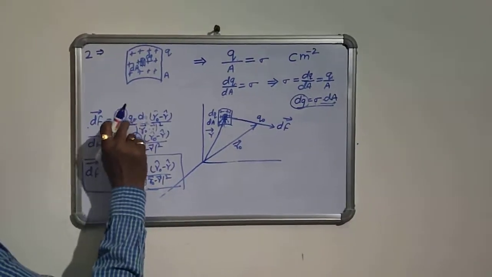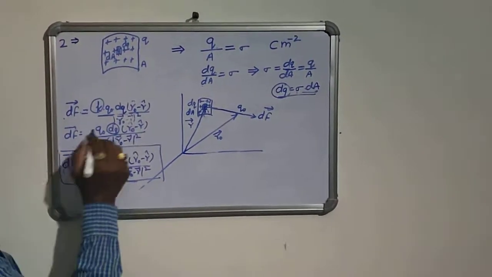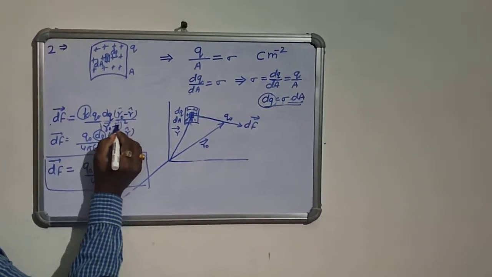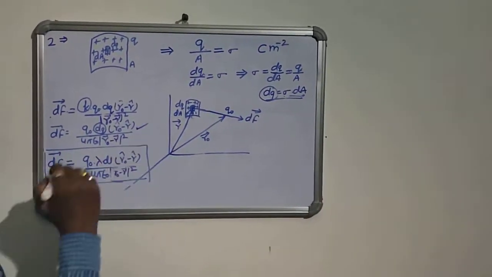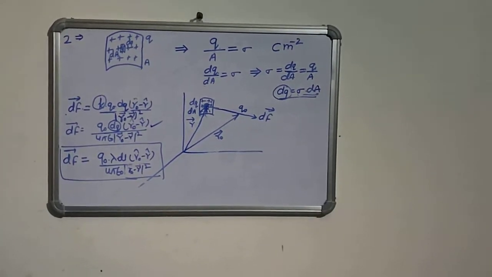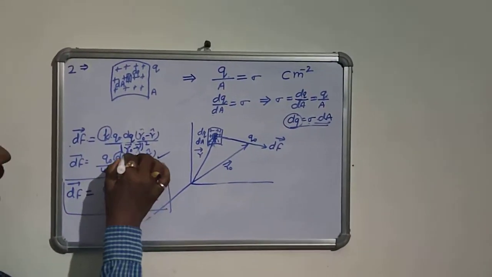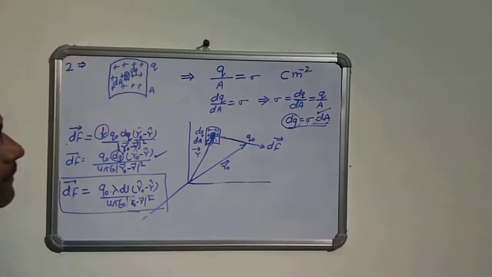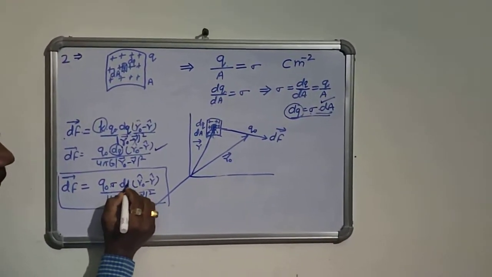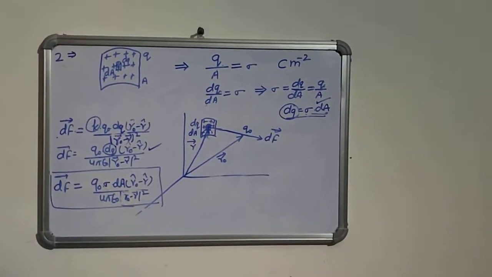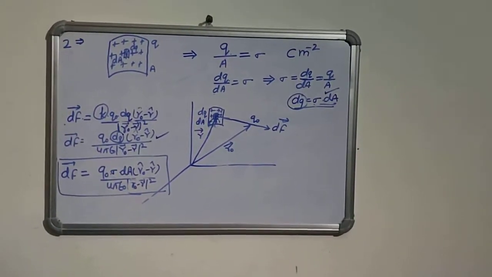So dF can be written in this form, with r naught minus r vector. The second step is also just like this, but in the third step we put the value of dq, so we write sigma into dA. This is for surface distribution of charge.